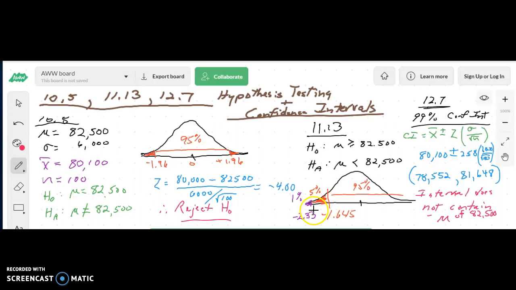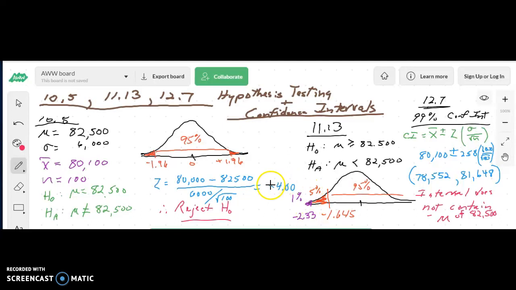In either way, notice then our critical scores here change. If 5% was still going to be our alpha level, then we're looking at 5% all here on one tail, which produced a negative 1.645 z-score critical value. But if we're looking at 1% all the way on the tail, then our critical z increased or went further out to a negative 2.33.